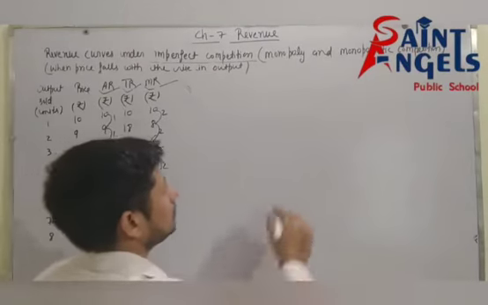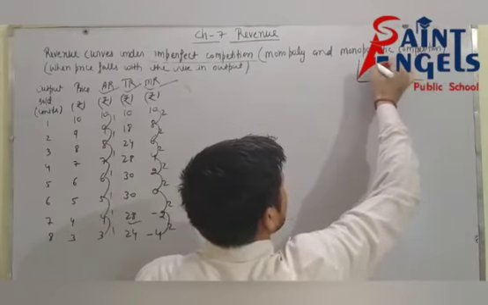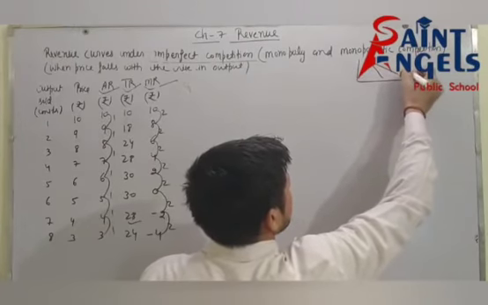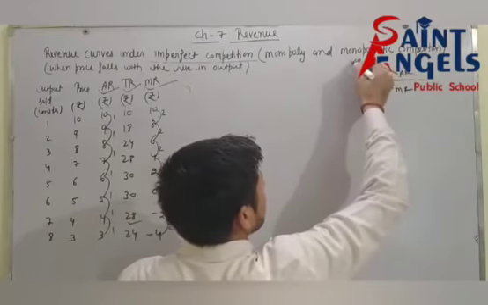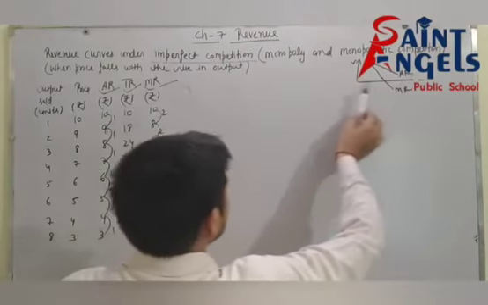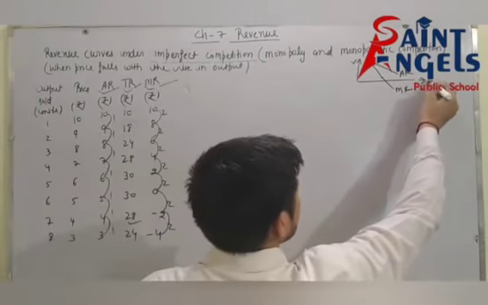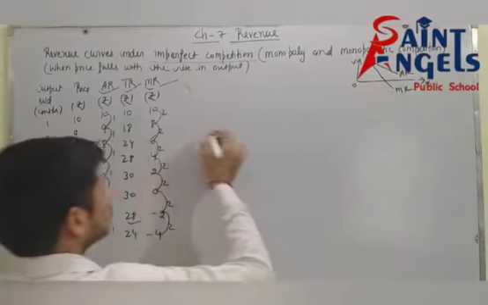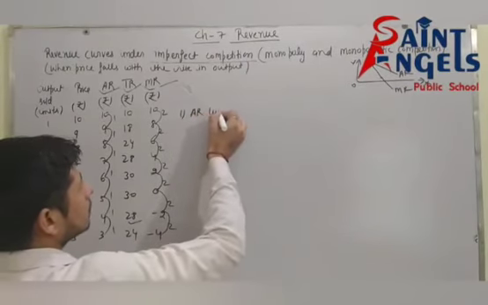You know that this is AR and this is MR. The shape of AR and MR in imperfect competition will be like this. But how will you explain the AR curve?